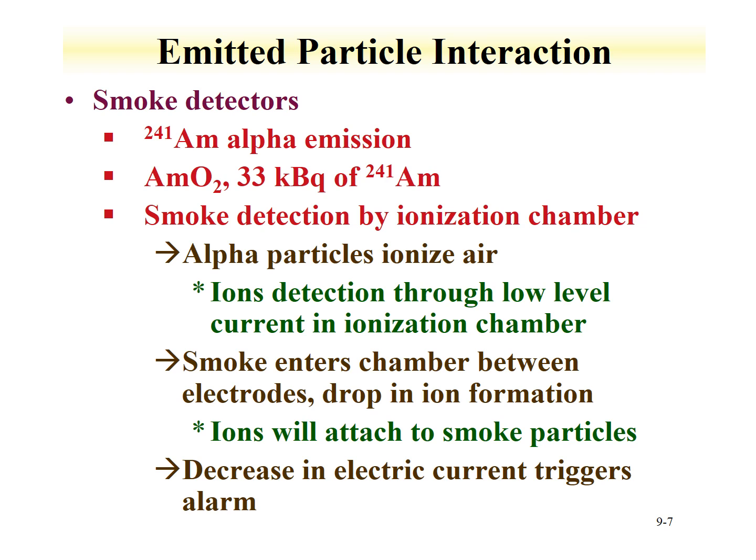When smoke enters the chamber, any ions formed by the alpha particle can be attached to the smoke. They no longer go to the electrodes in the ionization chamber. The current drops. This decrease in the current triggers the alarm that indicates that smoke is present in the smoke detector.